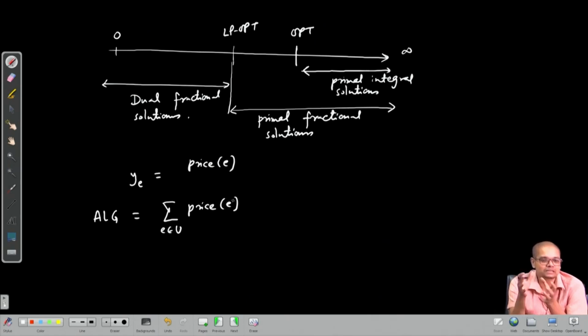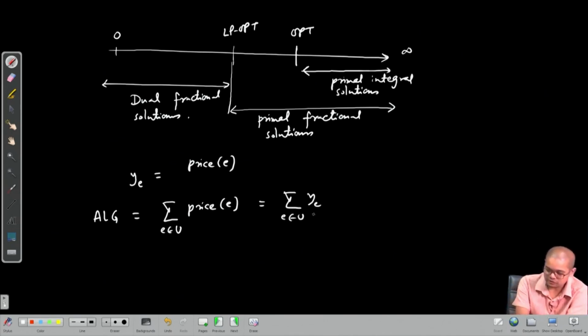Suppose this set has 10 elements, but when it is picked, 5 elements are already covered. So, it covers 5 new elements and their prices are set to be the cost of the set divided by 5. So, the sum of prices of all the elements is the sum of the costs of the sets picked by the algorithm. Hence, ALG is the sum of prices of the elements, but this is the sum of y_e over e in U.